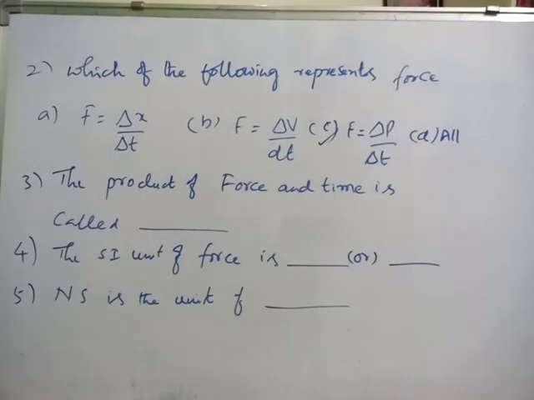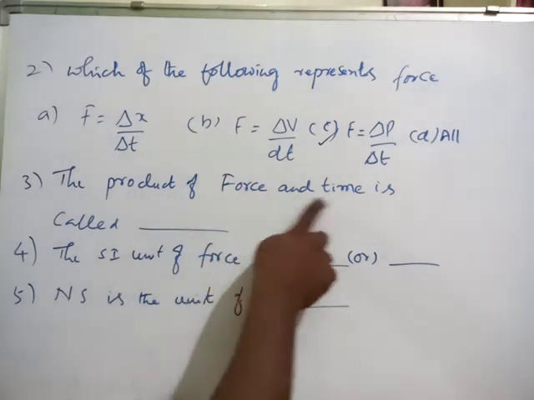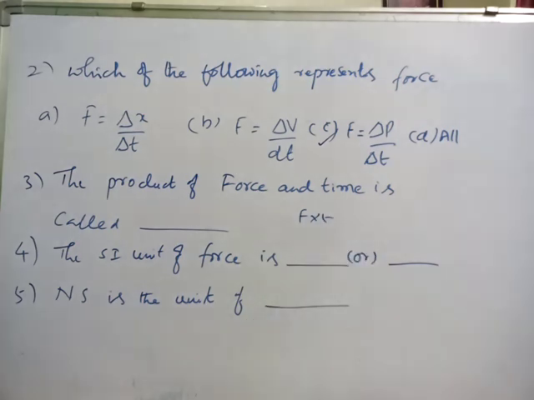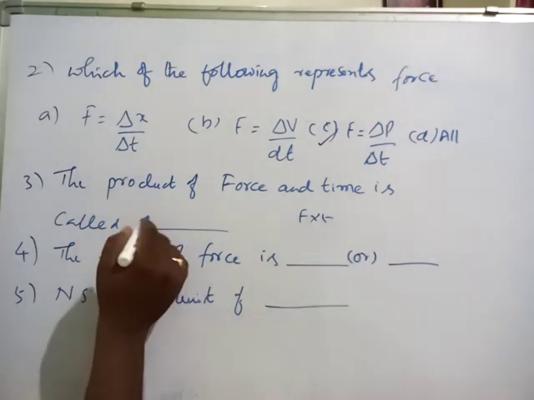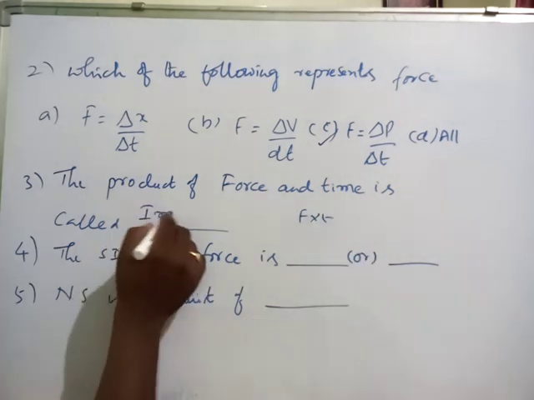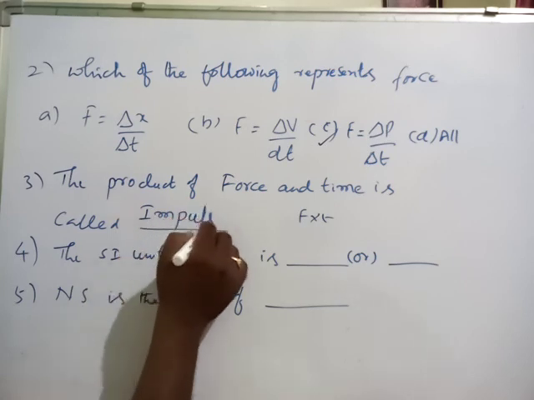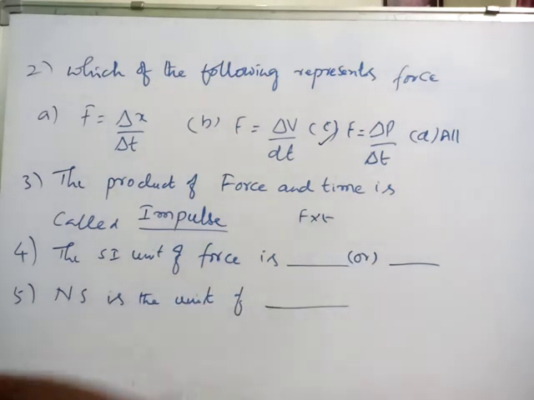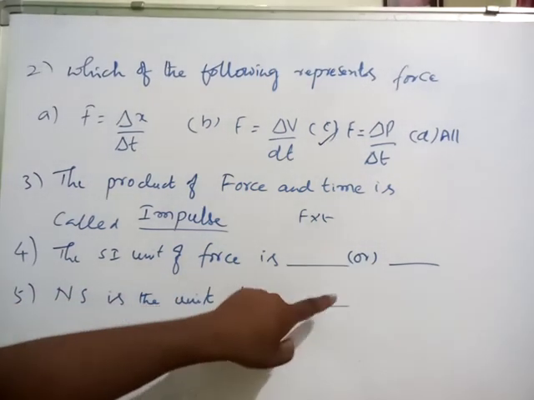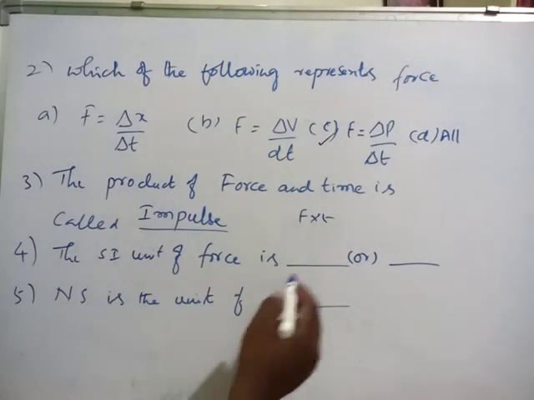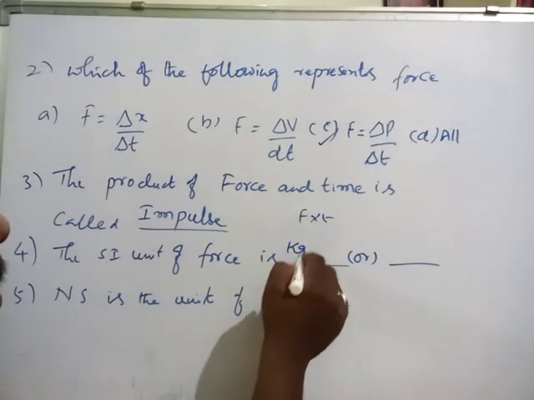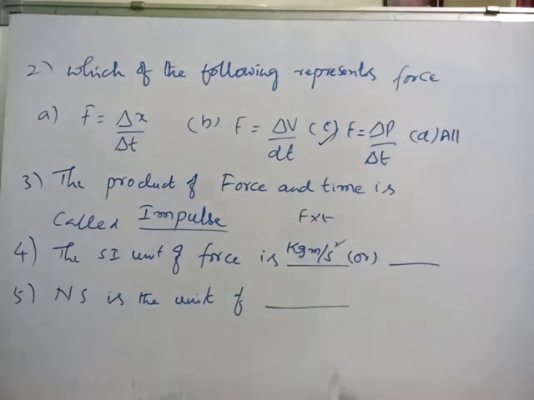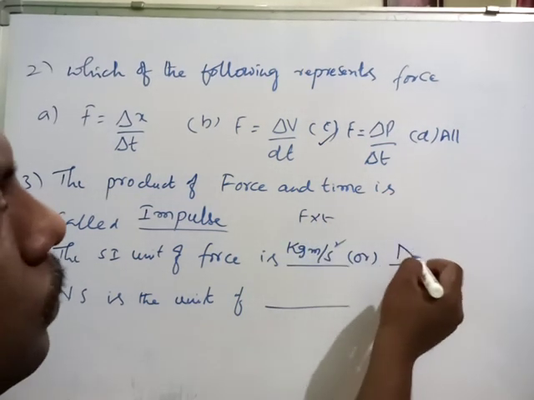Next question: the product of force and time. What do we call it? That is impulse. SI unit of force is dash. It is kg meter per second square, which is simply called Newton. Write it as Newton.